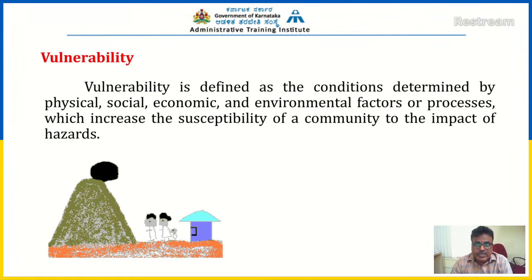If I give an example of social vulnerability, in the same house, some people may be more vulnerable as compared to others during any earthquake or flood. For example, persons with disabilities cannot escape as fast as others, so they may be more vulnerable. It is one of the factors which you can define as social vulnerability.